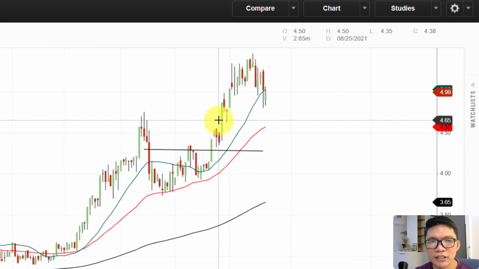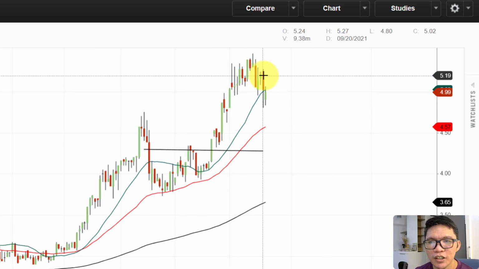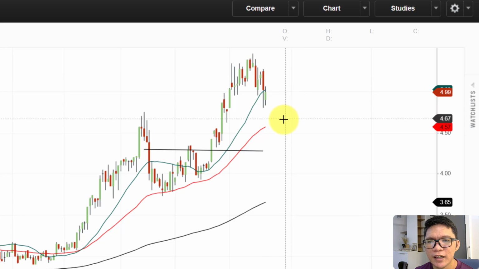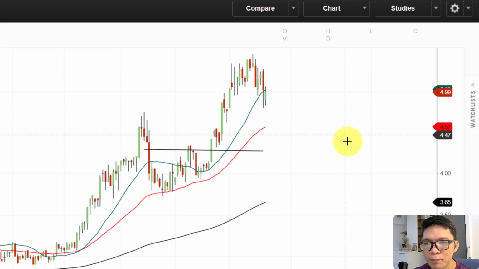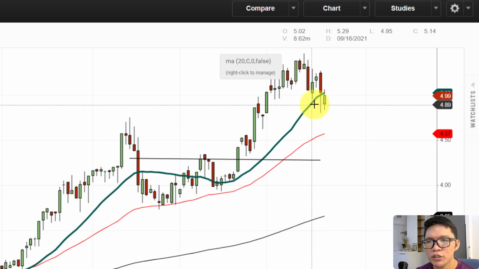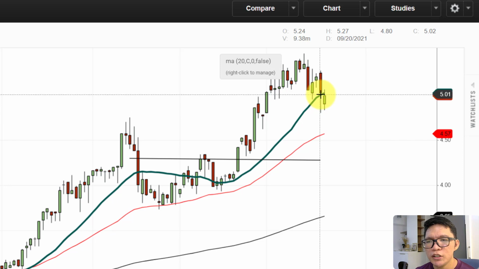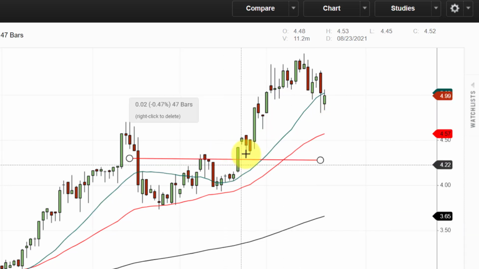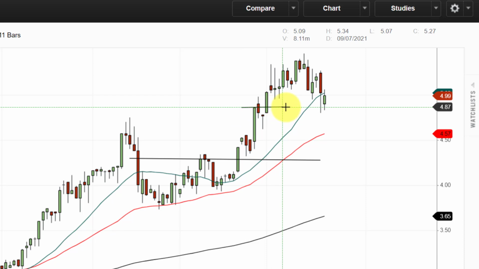So in that case, mas nasasakyan mo yung overall trend ng stock and hindi ka napapaaga ng pagbenta. So yun yung kagandahan ng paggamit ng moving average when it comes to selling. So pwede mo siyang gamitin guide to actually trail your balance. So kung nakabili ka dito, pwede kang magbenta dito.